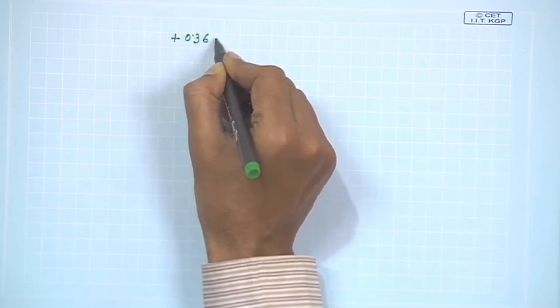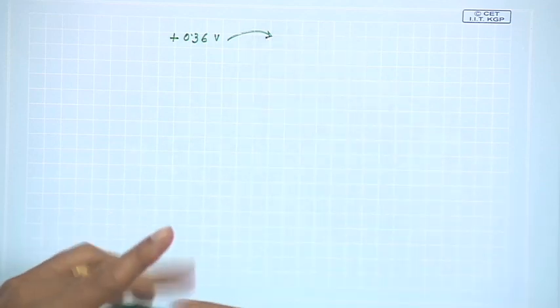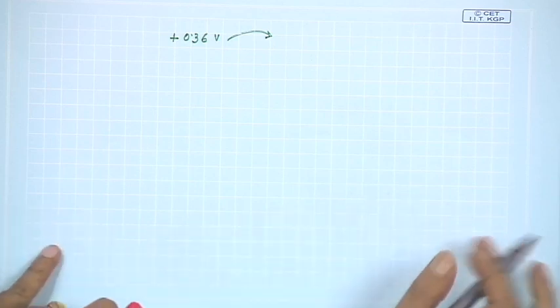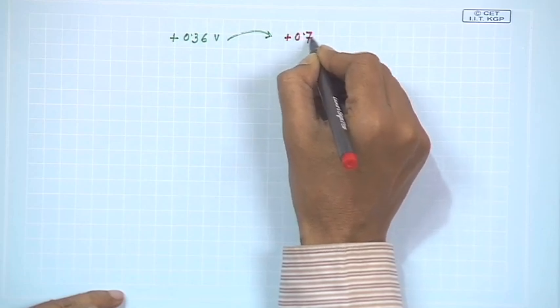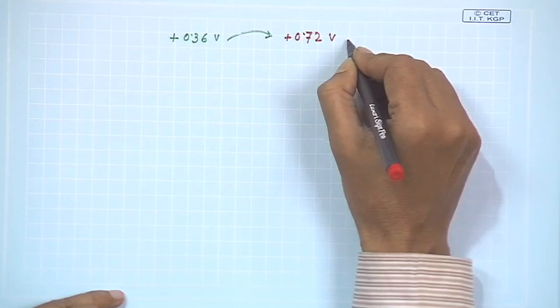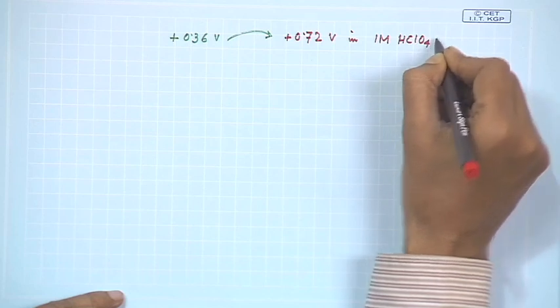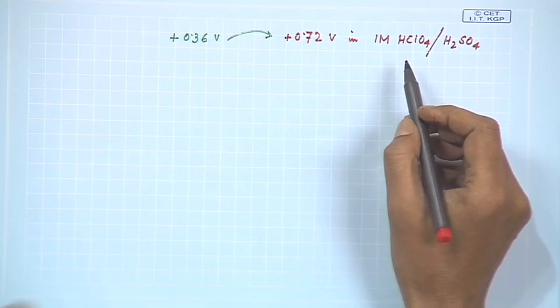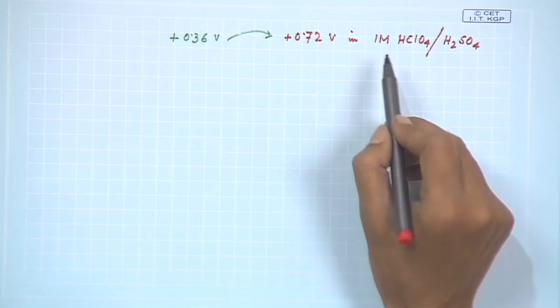The potential is plus 0.36 volt, and whether we can push it to a lower value or to a higher value, we will see that this can be pushed to a value of plus 0.72 volt in 1 molar perchloric acid or sulfuric acid.